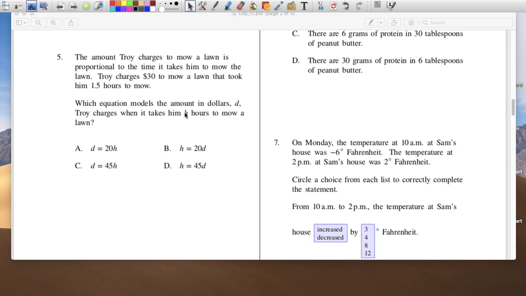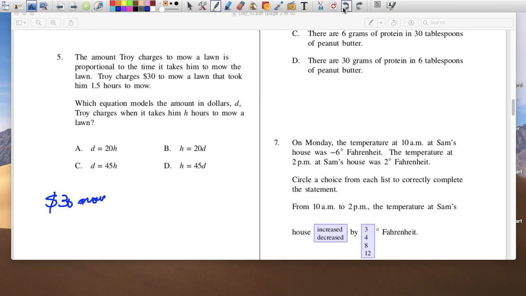The amount Troy charges to mow a lawn is proportional to the time taken to mow the lawn. Okay, so if Troy charges $30 to mow a lawn that took him 1.5 hours to mow, let me write that like this: $30 to mow a lawn.